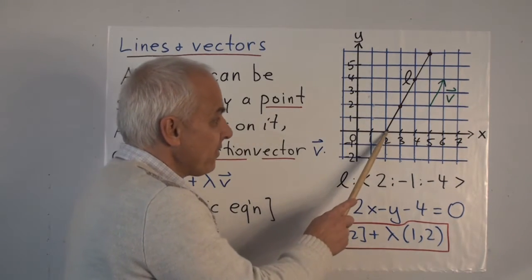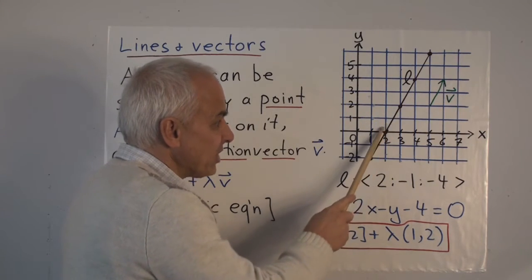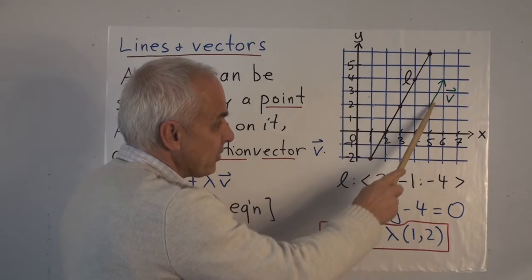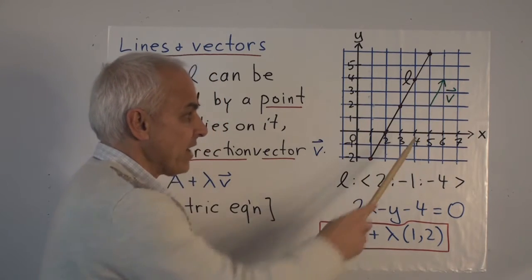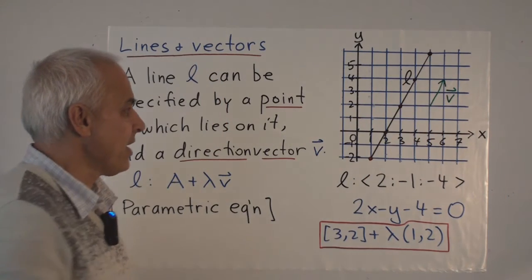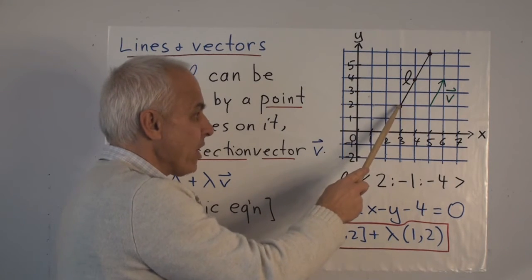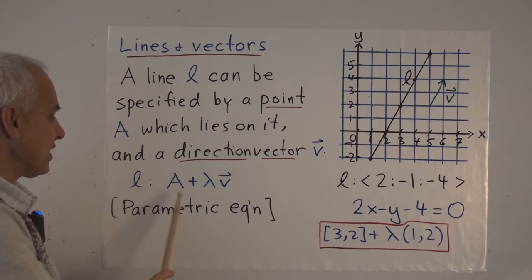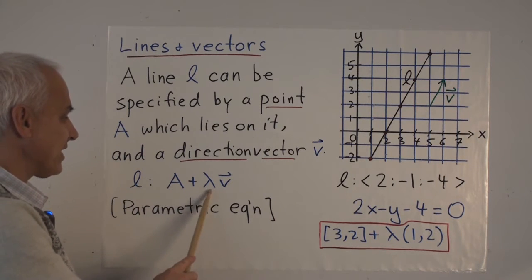So that vector could be any vector which is in the direction of the line. And I've chosen this little vector v here, which is over 1 and up 2. So the vector (1, 2). So in terms of the point and the vector, we can say that the line L is of the form A + λv.